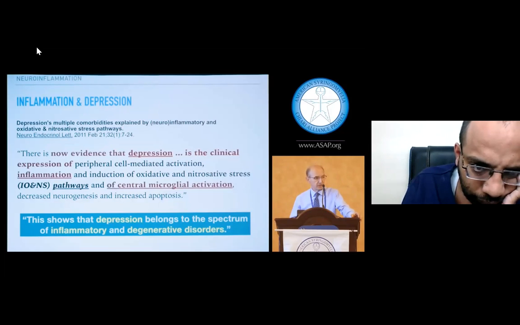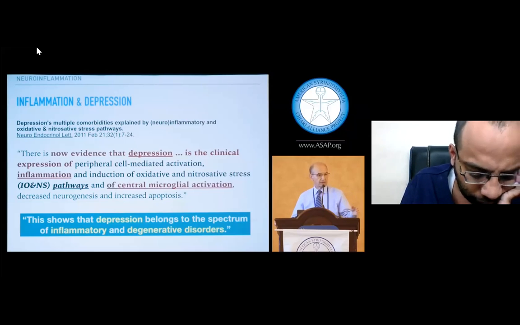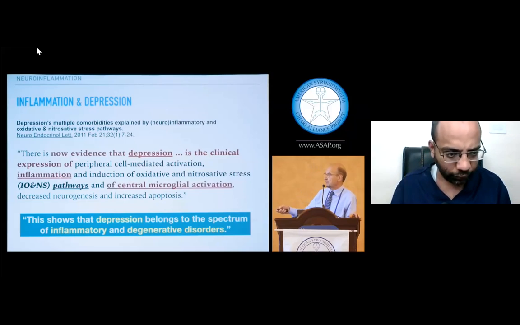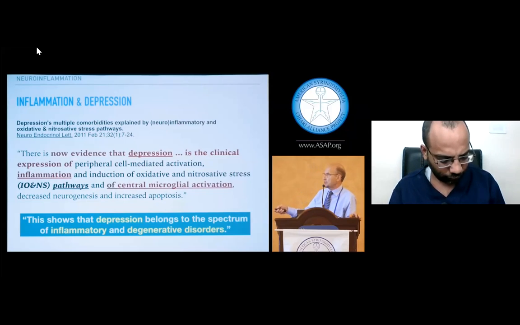Well, the scientists are telling us we need to start thinking of this as an inflammatory and degenerative disorder. Yes, a serious life event can make you depressed, I understand, but chronic ongoing depression is probably not psychological. It is the clinical expression of inflammation from central microglial activation.